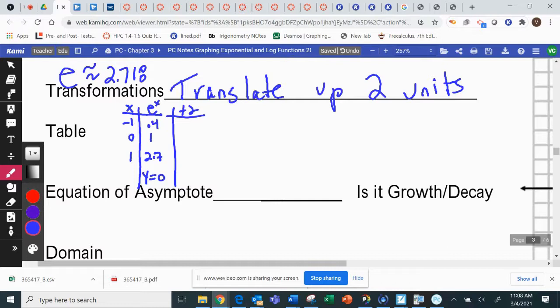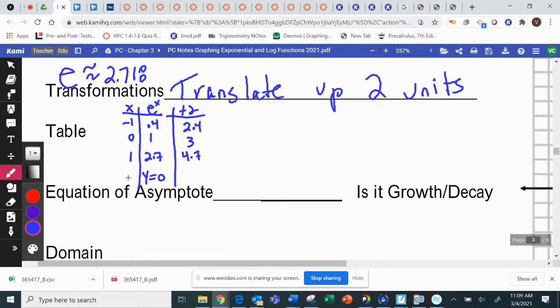I don't know. But it's about 0.4. What is the reciprocal? .3678794. So about 0.4. So then we'll add 2 to each of those. So I'll get 2.4, 3, and then 4.7.